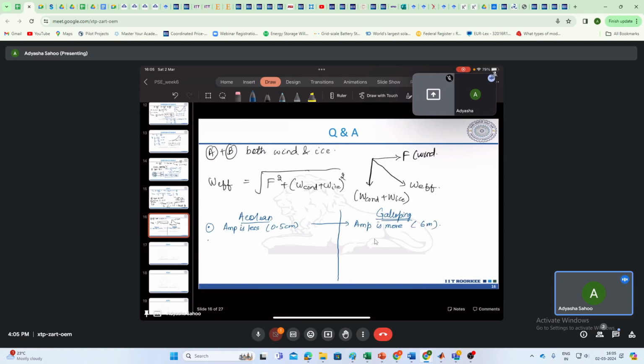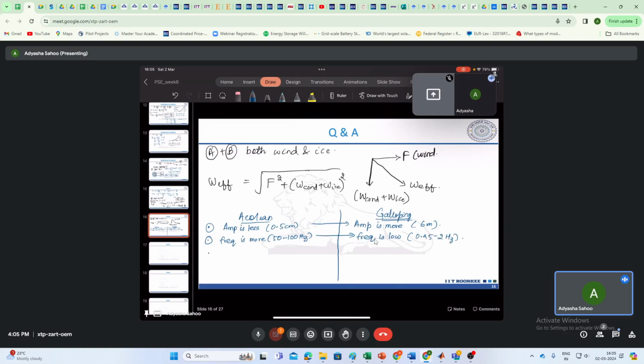So there is a huge difference. The frequency of aeolian vibrations is more, in the range of 50 to 100 hertz. Here, in galloping, these are low frequency oscillations, around 0.25 to 2 hertz.